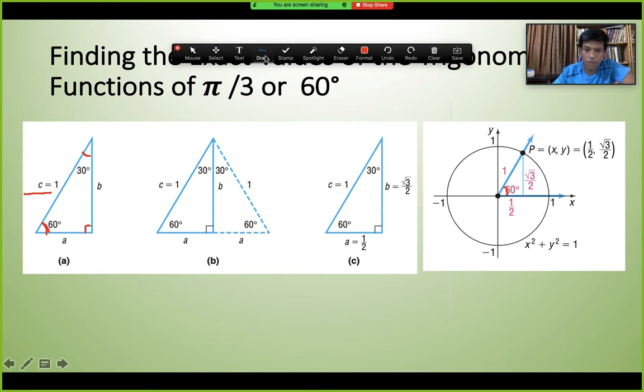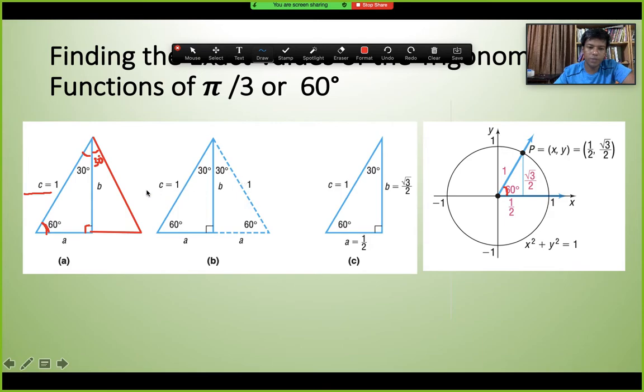Suppose same 30 degree here, and then just join it here like this. So this is also 30.